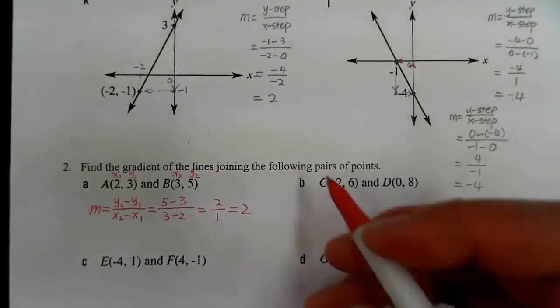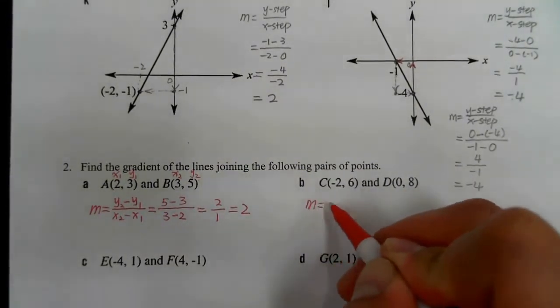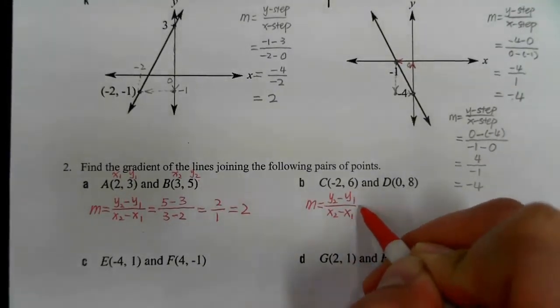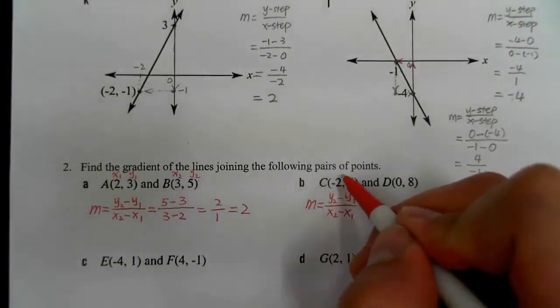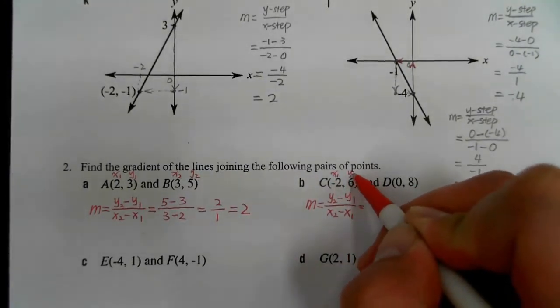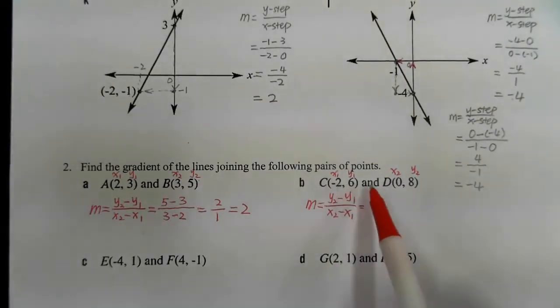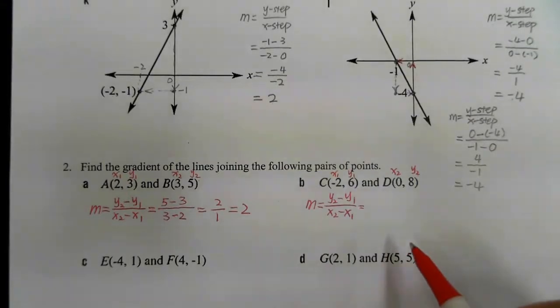Alright, let's have a look at question B. We write m equals y2 take away y1 over x2 take away x1. At the same time, we label x1, y1, x2, y2. Your labeling will help you to see the questions clearly, so you will not make mistakes.